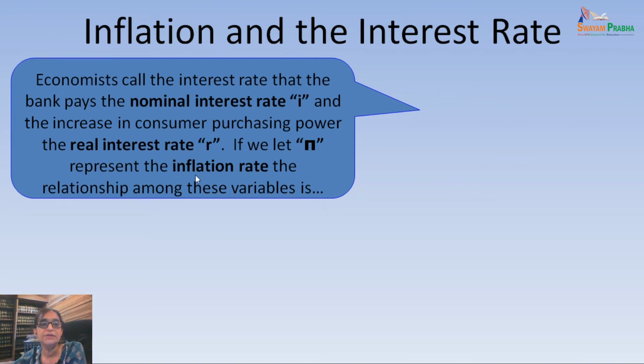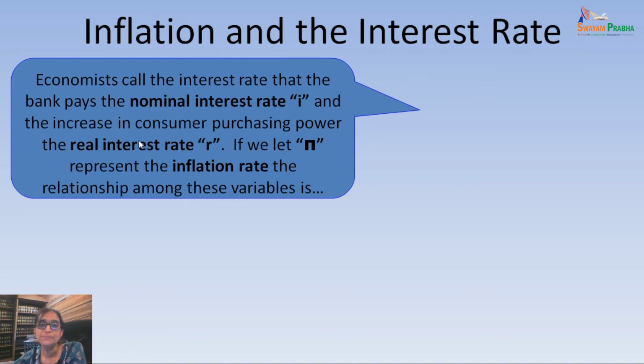So if there is a rate of inflation going on, automatically the money which you are going to earn from the bank by way of this nominal interest rate, its value will also go down. So how much the inflation has an impact on your nominal interest rate is measured by what we call real interest rates. This real interest rate is basically telling the consumer what purchasing power he or she will have with the interest they are going to earn.